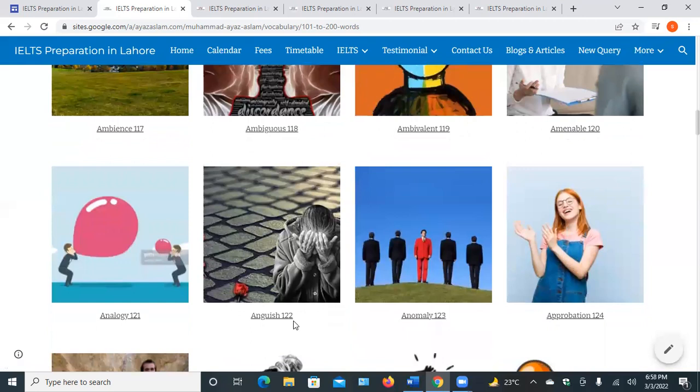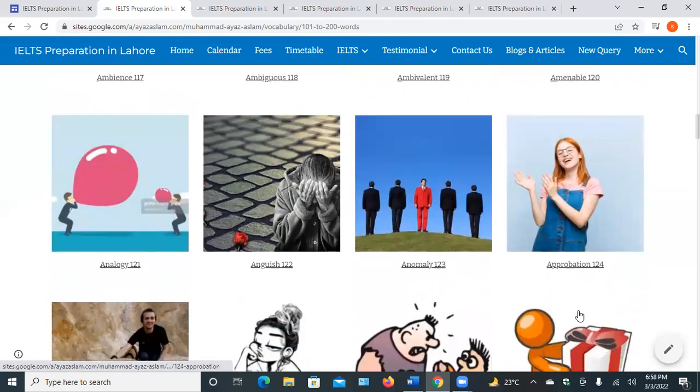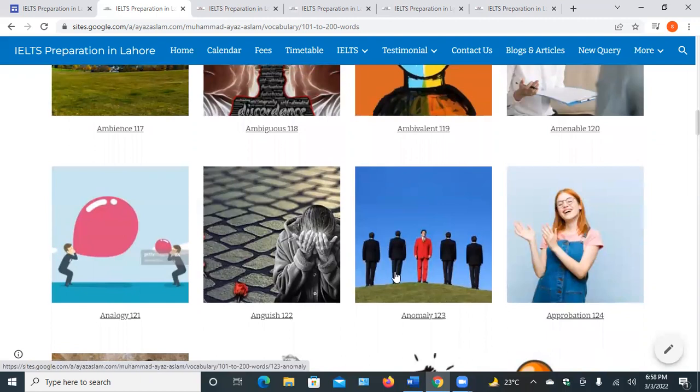Anguish, torture, pain. Anomaly, it means abnormal, irregular. Approbation, approval, or you can say support or appreciation. Amna Khalid, what is the meaning of anomaly?